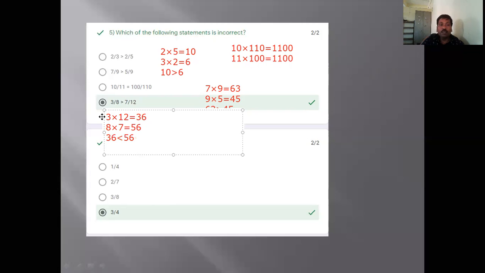So it means 3 by 8 should be less than 7 by 12. But in this statement, 3 by 8 is greater than 7 by 12, so this option is incorrect. So our answer will be 3 by 8 greater than 7 by 12. Now go to the next question.